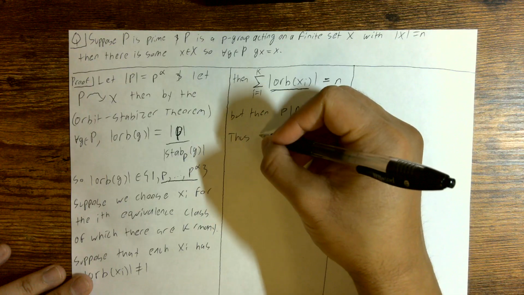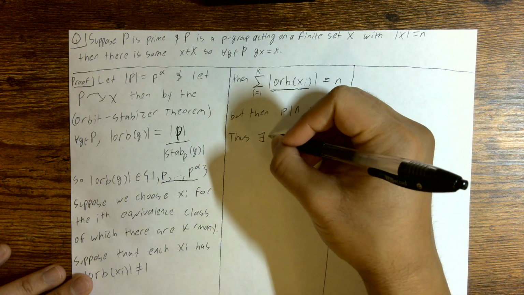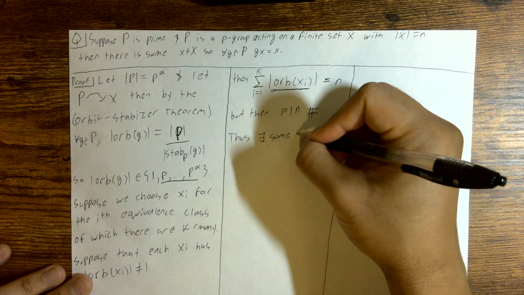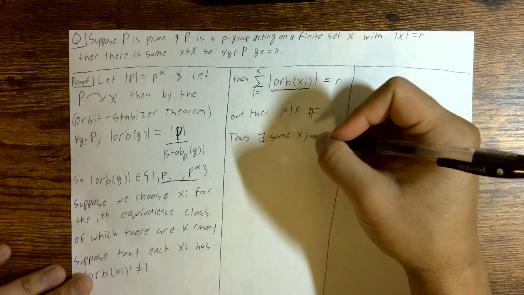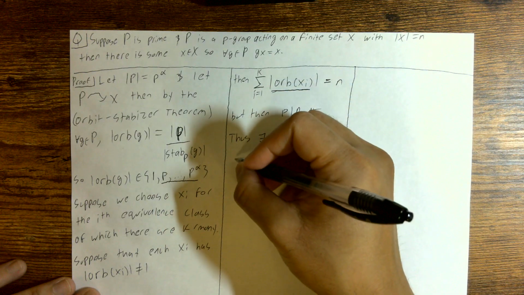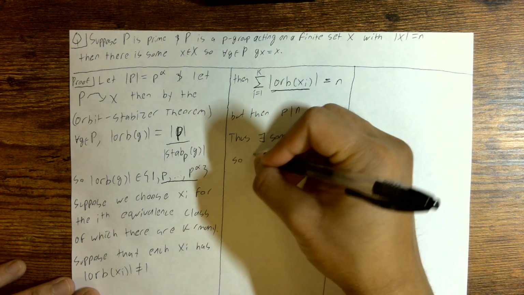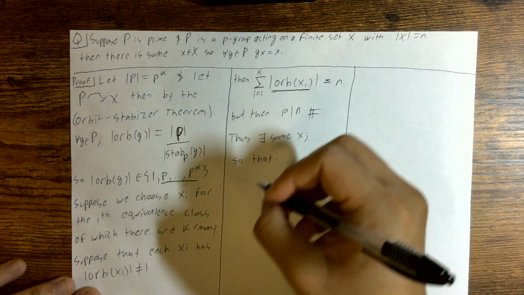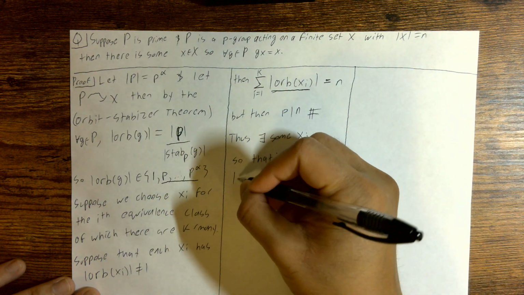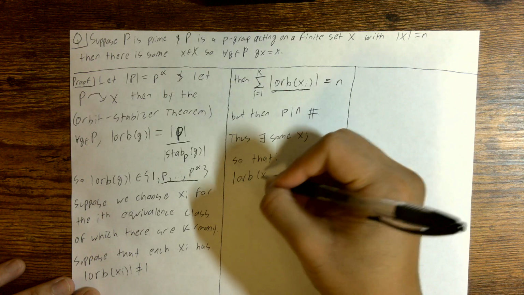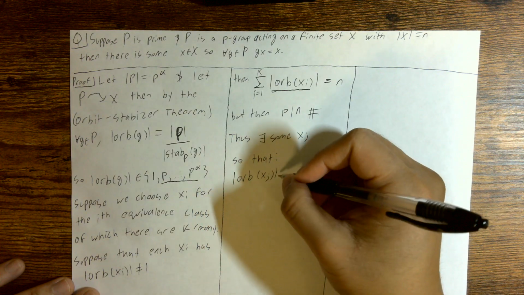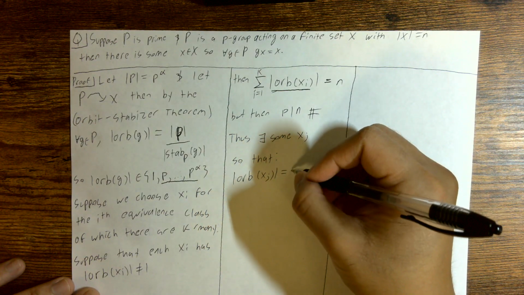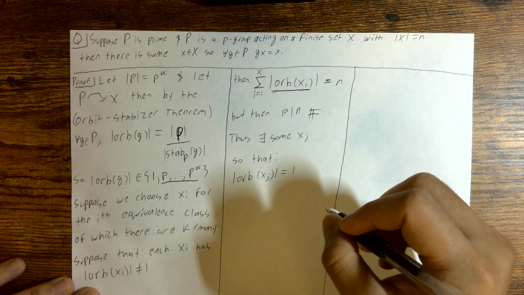Thus, there must exist some xj so that what? So that the orbit of xj has size equal to 1.